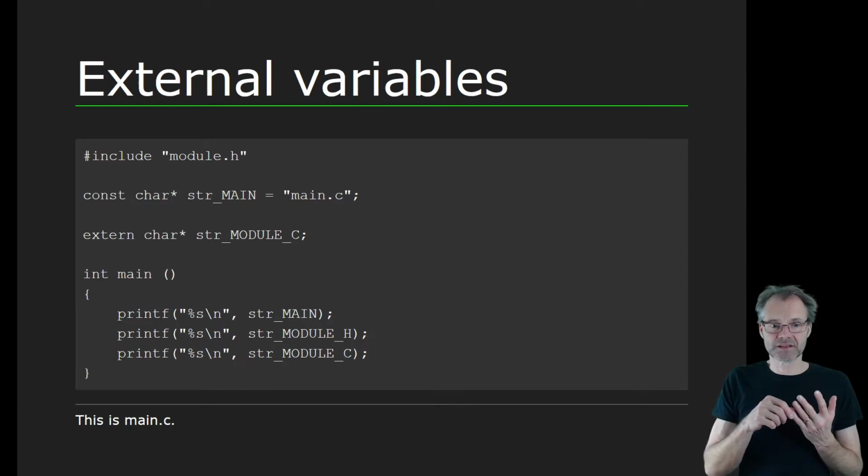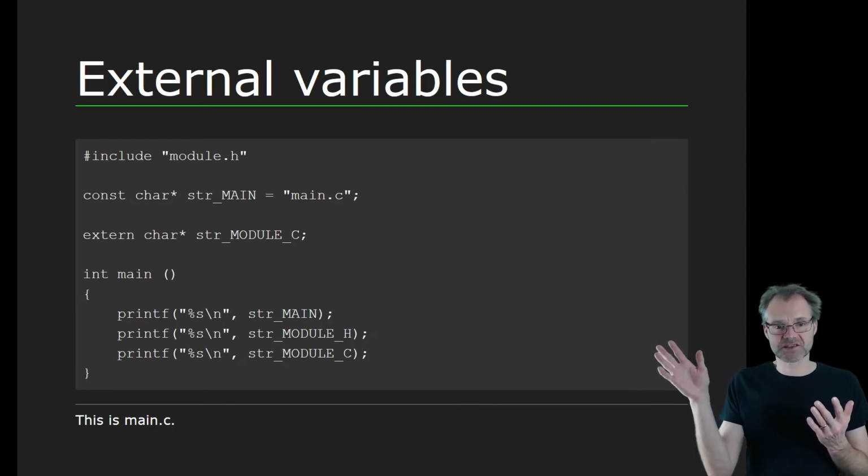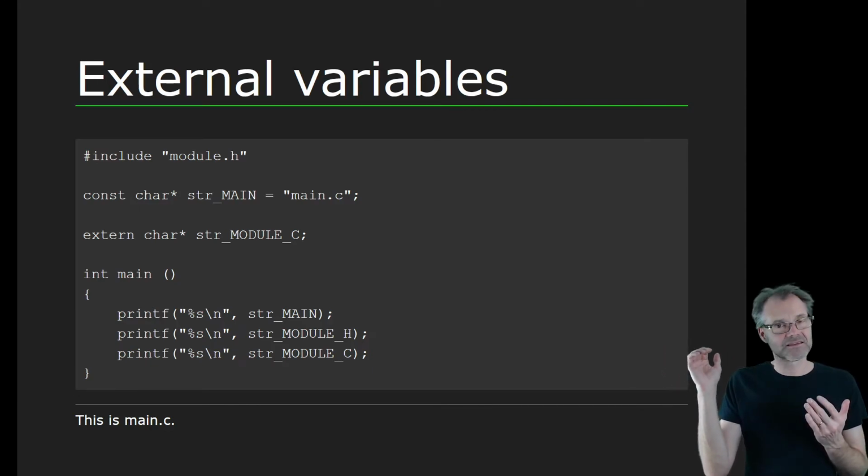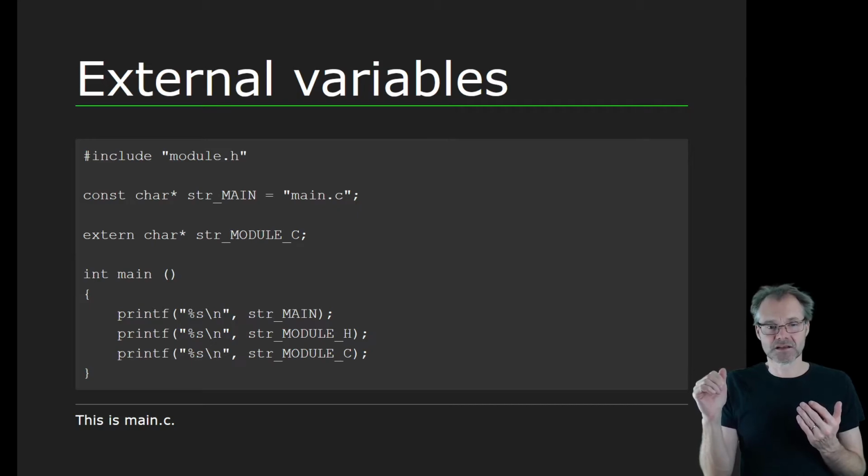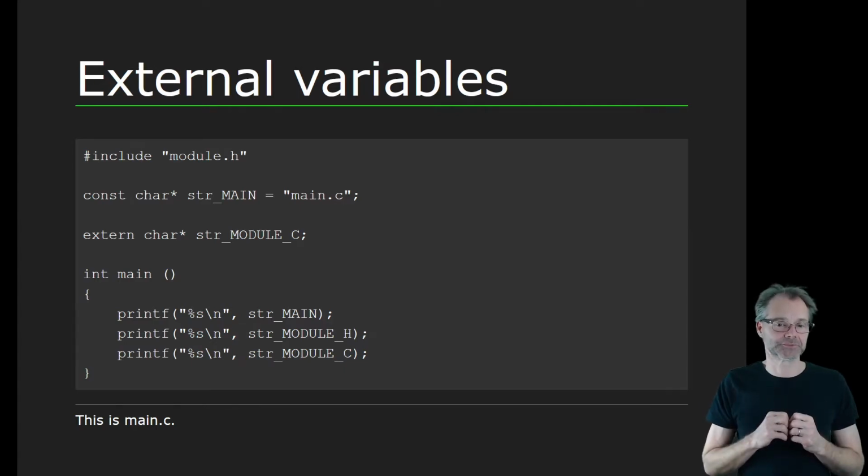Then I'm declaring an extern char string module.c, and that says somewhere in this executable there will be some char pointer called string module.c, and it will have some kind of value, but it's not declared here.